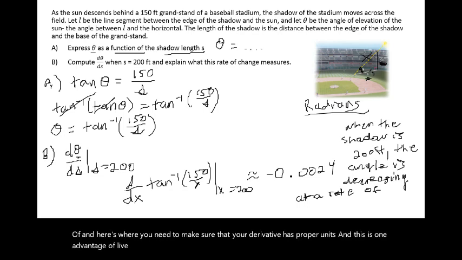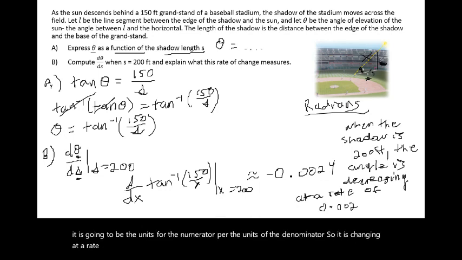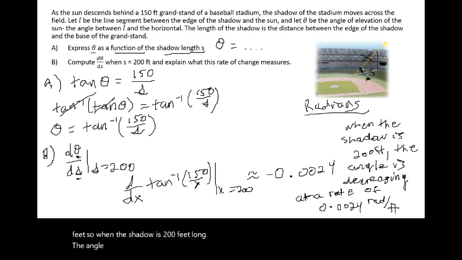The derivative is going to have a unit that involves the word per. It is going to be the units for the numerator per the units of the denominator. So it is changing at a rate of 0.0024. The units for theta were radians, per the units for the shadow length, which were feet. So when the shadow is 200 feet long, the angle of elevation is decreasing at a rate of 0.0024 radians per foot.